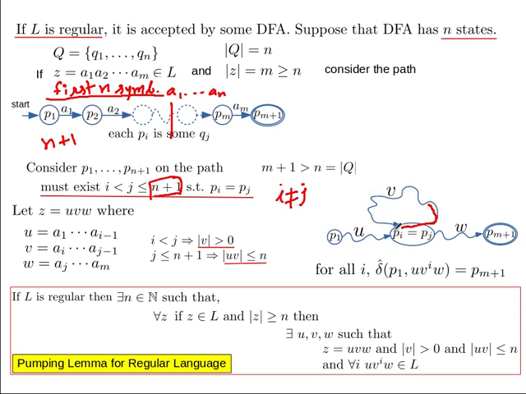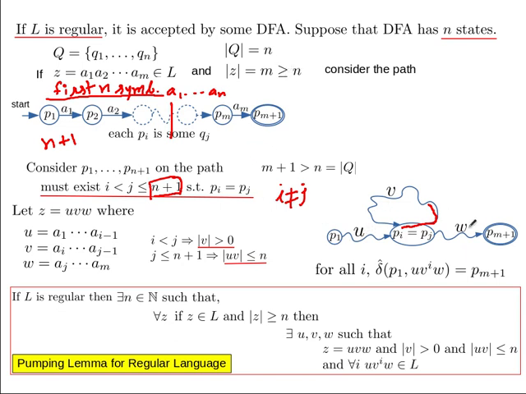So no matter what happens in other parts of the path, this U part takes you from P1 to this common state, and this W part takes you from this common state to a final state. So we have such a structure if we have Z in the language, and if the length of Z is at least n.